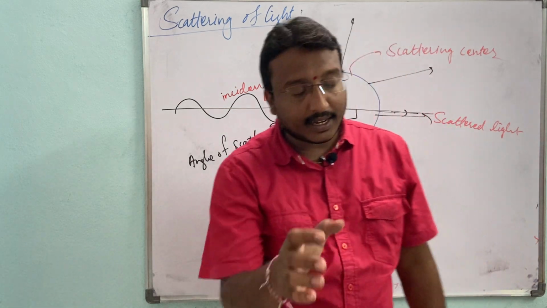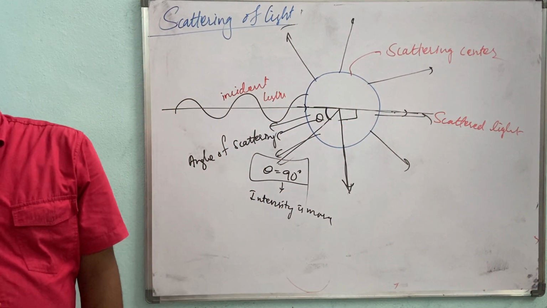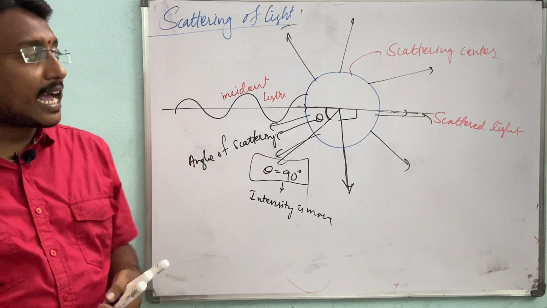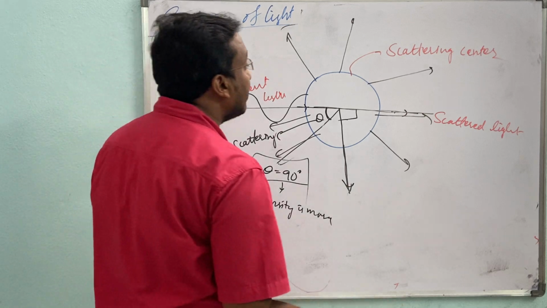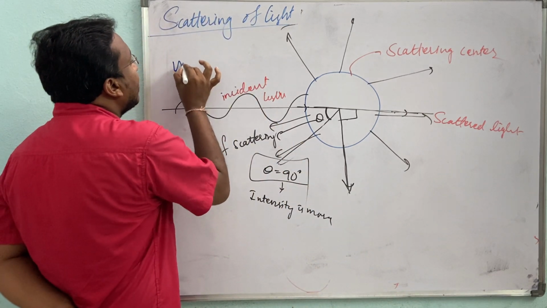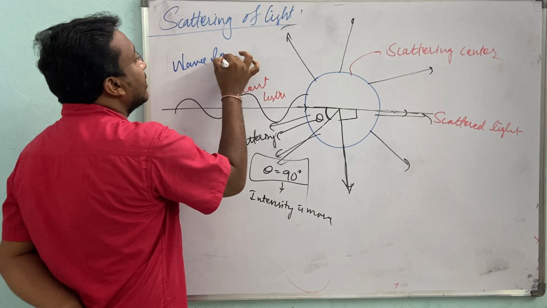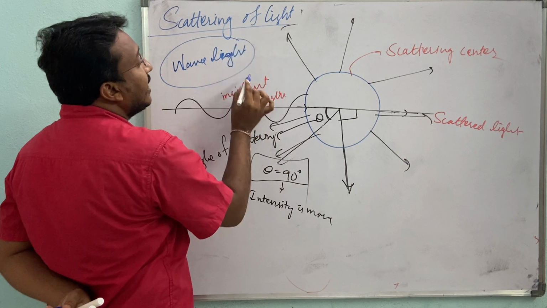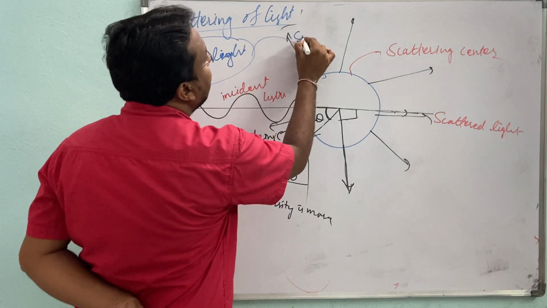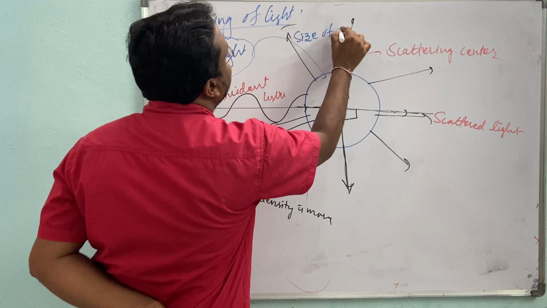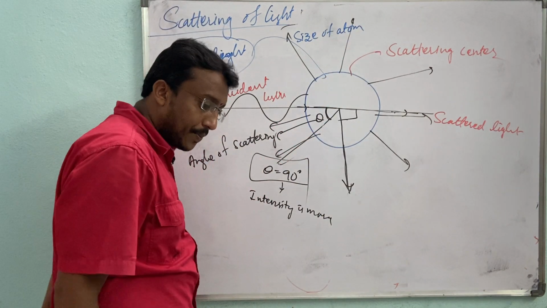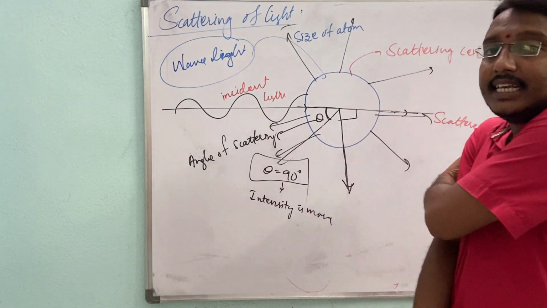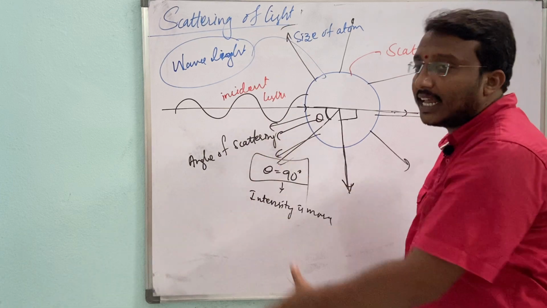Here is one more important thing you have to notice. The scattering of light depends on the wavelength of light. The wavelength of light should be comparable with the size of the atom, then only the scattering takes place.